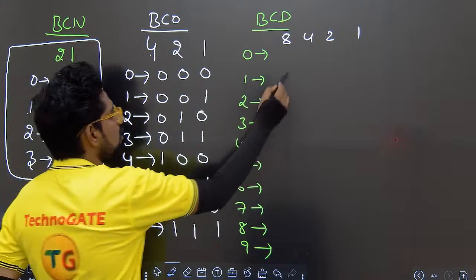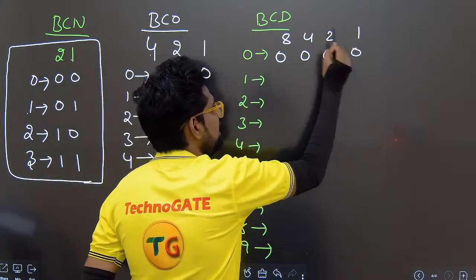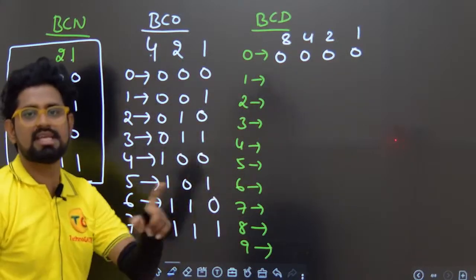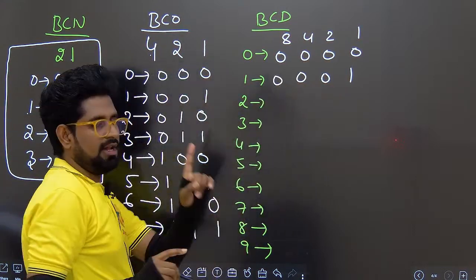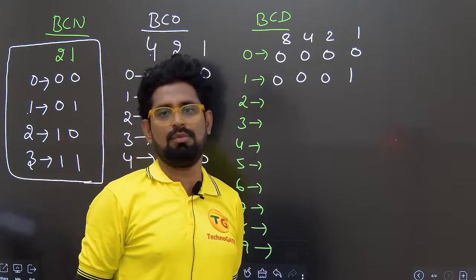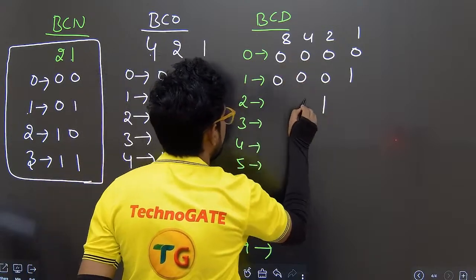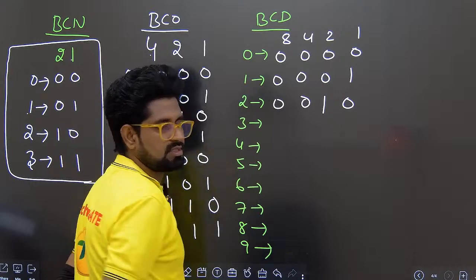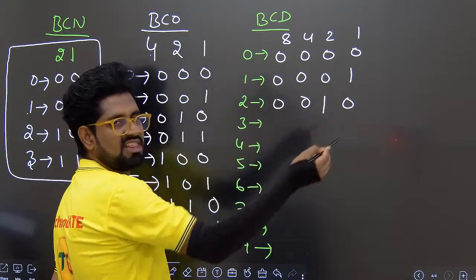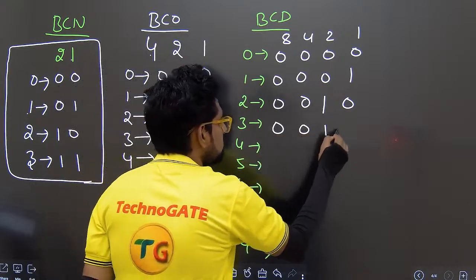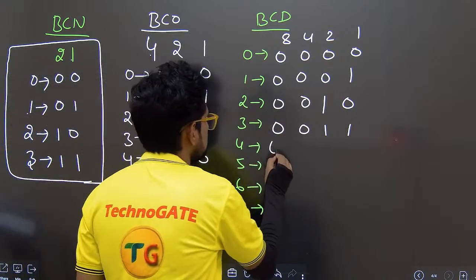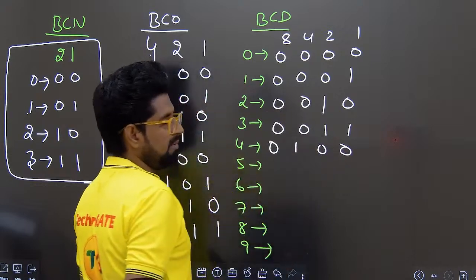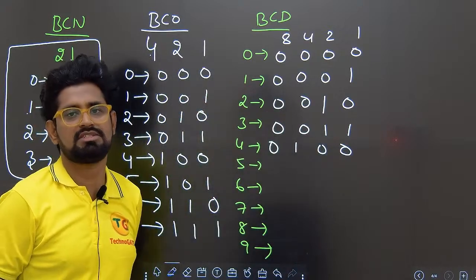So 0 means all are zeros. I am not using any digit. 1 means I am using this 1. Wherever I am using, at that place I will put 1. 2 means 2 is appearing directly. Remaining digits are zeros. 3 means 2 plus 1, 3. So I am using these 2 digits. 4 is appearing directly, right? So 0, 1, 0, 0. 5 means 4 plus 1 is 5.